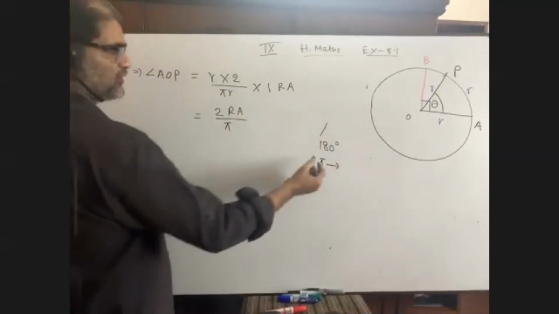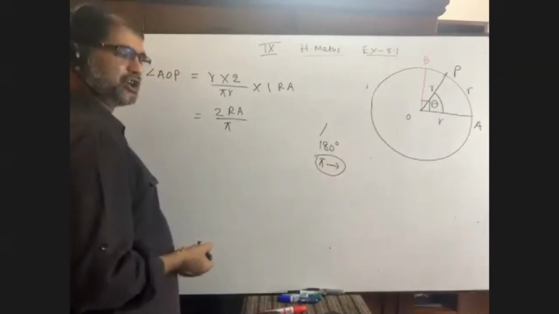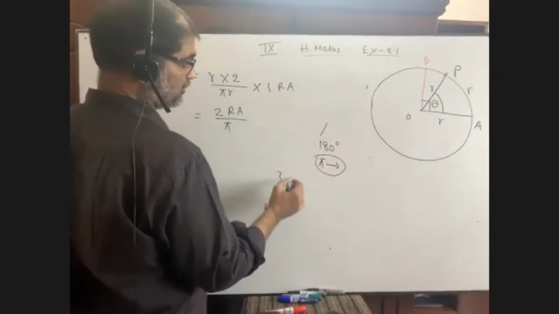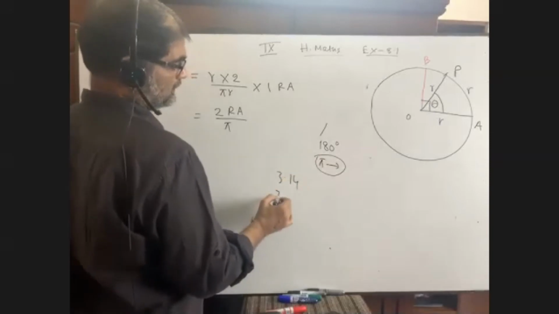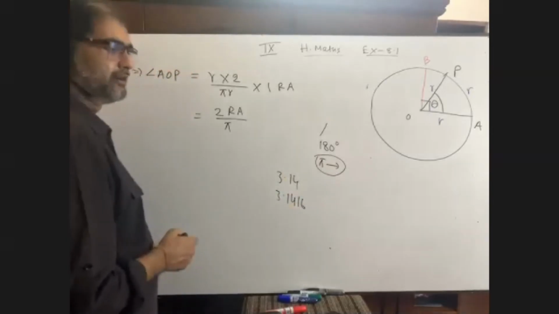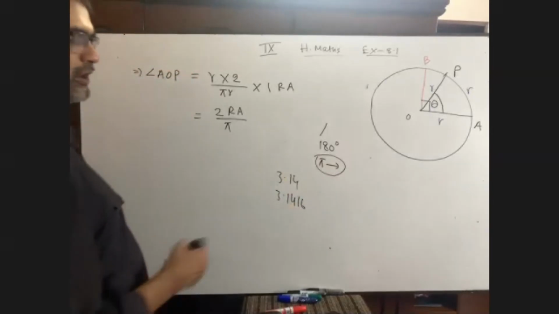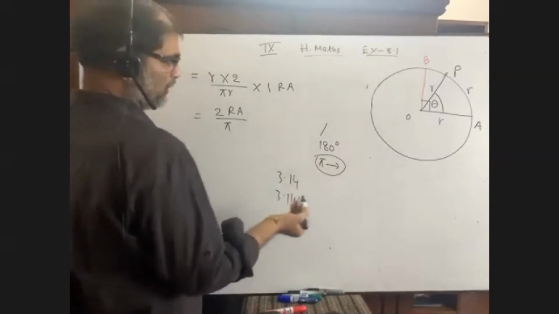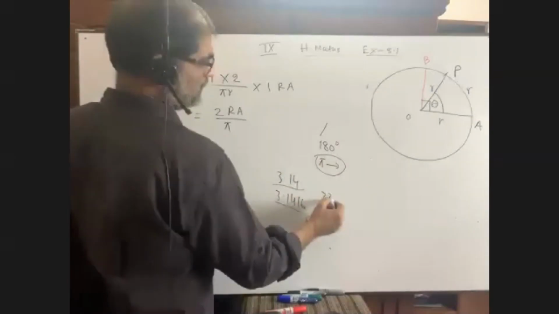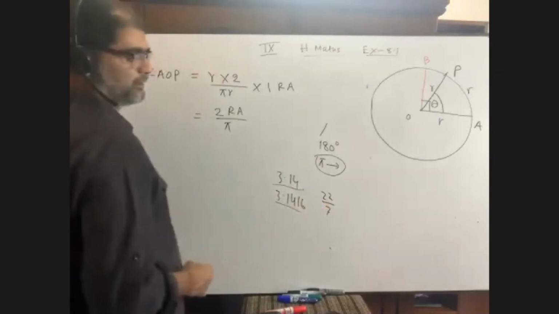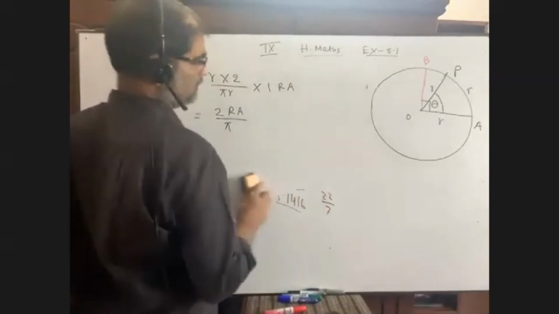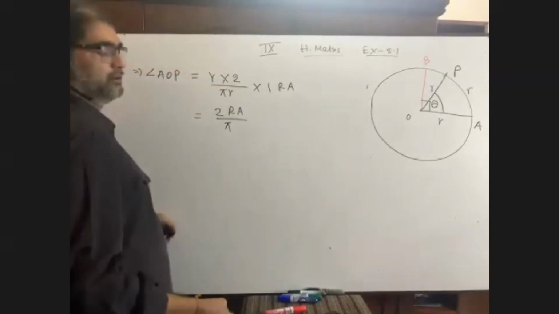And pi is also fixed. It is also constant and an irrational number. Though someone writes 3.14, someone 3.1416, and somewhere it is 22/7, it is constant. For our better calculation, we take the value.